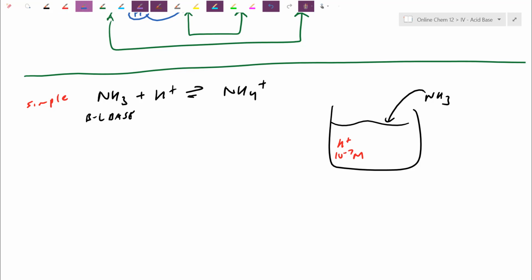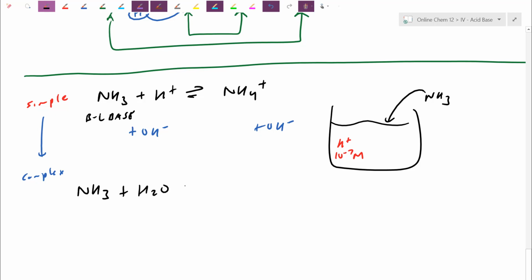What you want to do is convert it over to complex form. Again, this is nice practice for what we're going to do in part 2 of this chapter. Going to the complex form on the base side, it's pretend you add hydroxide to both sides. Right? It's going to stay balanced if I do the same thing to left side and right side. Well, what's going to happen then is NH3 is going to be able to pick up a proton, but by adding the hydroxide, H+ and OH- ends up forming water.